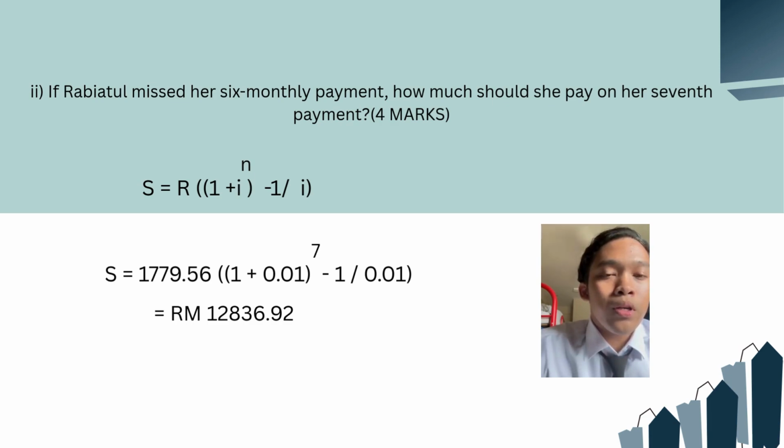The amount payable is RM12,836.92. So the debtor must pay RM12,836.92 on the seventh payment to cover the missed installments.